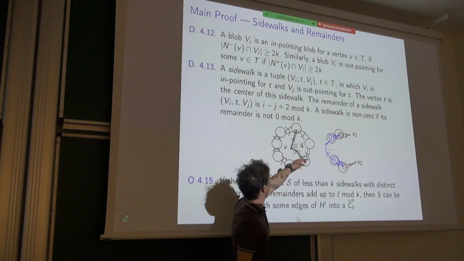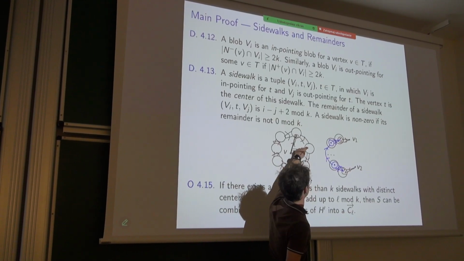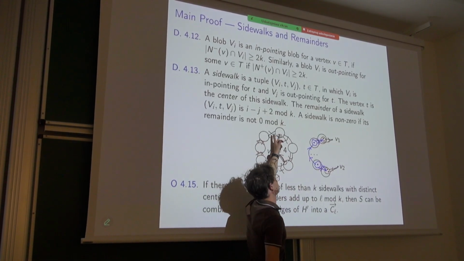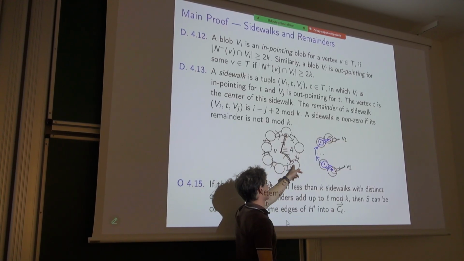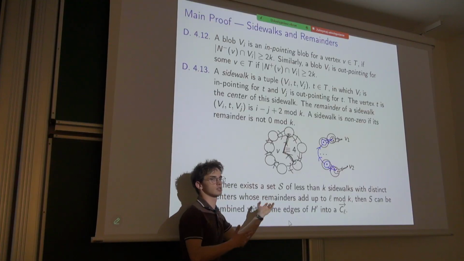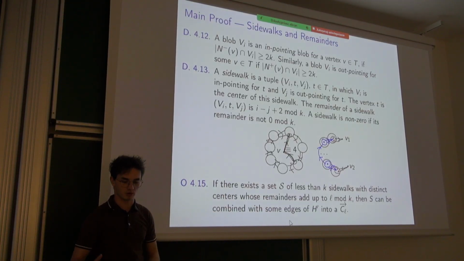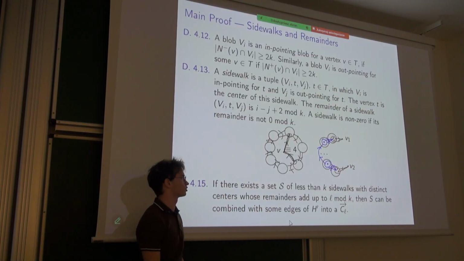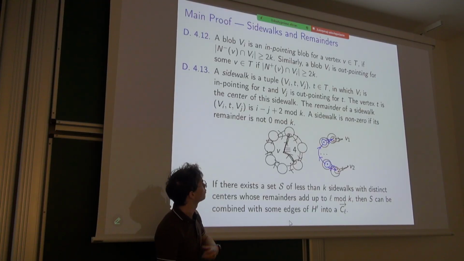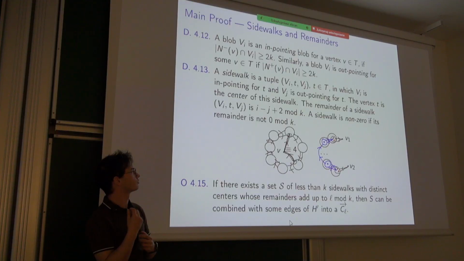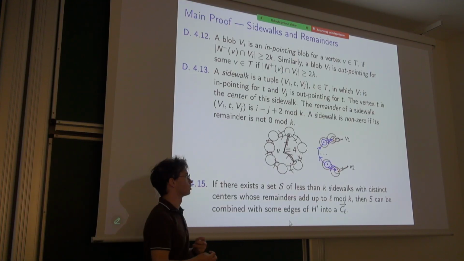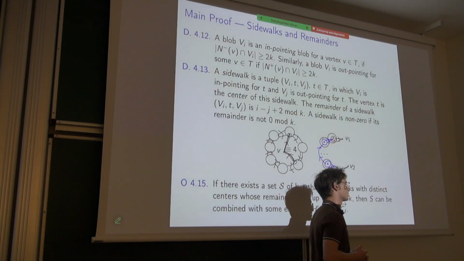For example, the ones which go from this block to this block: this is 2 steps and this is 2 steps too. That does not change the remainder at all. We do not want to concern ourselves with these sidewalks. Therefore, we differentiate between sidewalks, and we call a sidewalk non-zero if it creates a remainder that is not zero.